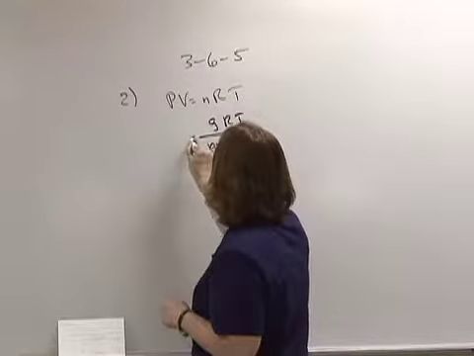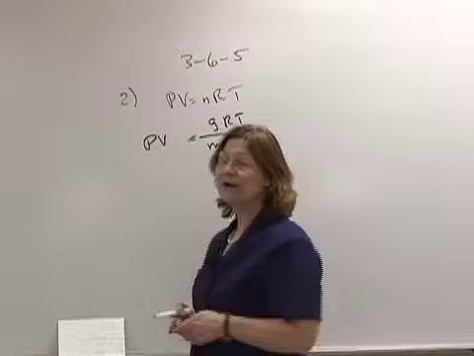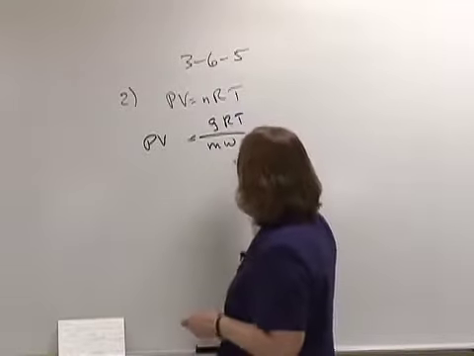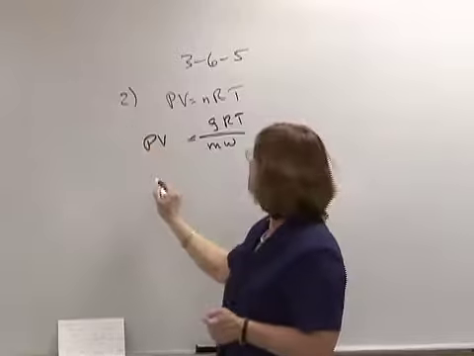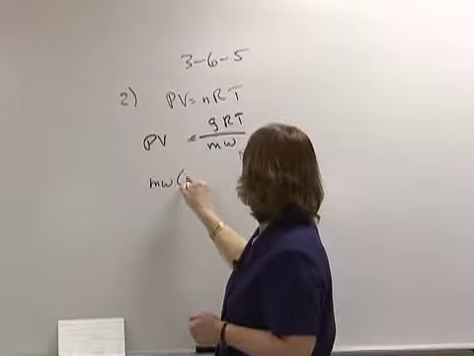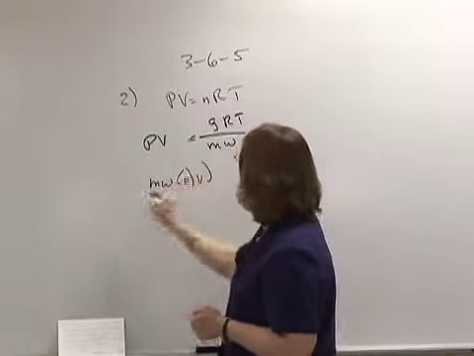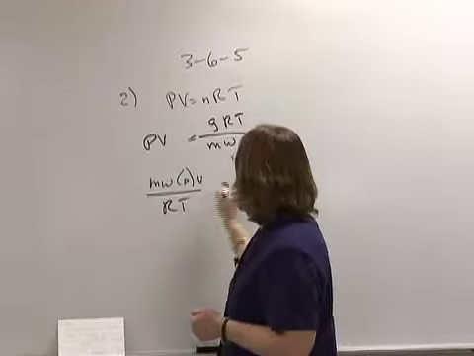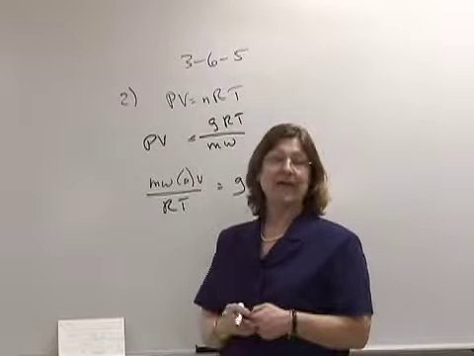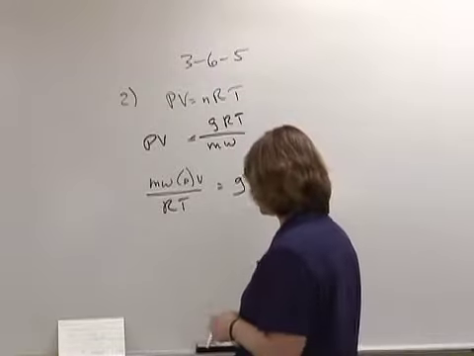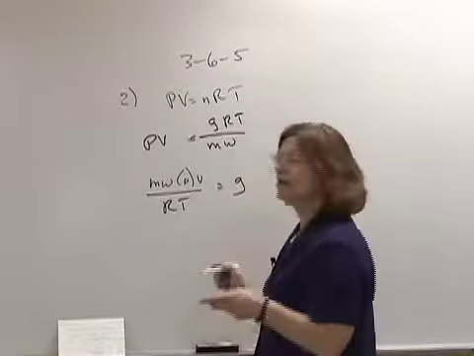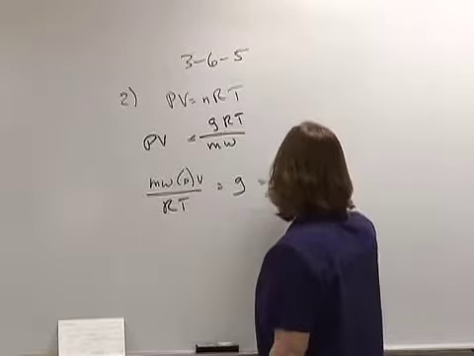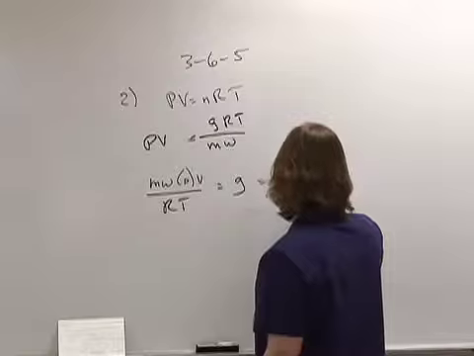I substitute that in, and then I rearrange for the unit that I'm looking for, which is grams, and I must multiply by molecular weight, and then I must divide by RT to get grams. Now I know that this compound is nitrogen, and therefore I can look on any periodic chart and find out what its molecular weight is. And it's 28.0 grams of nitrogen.